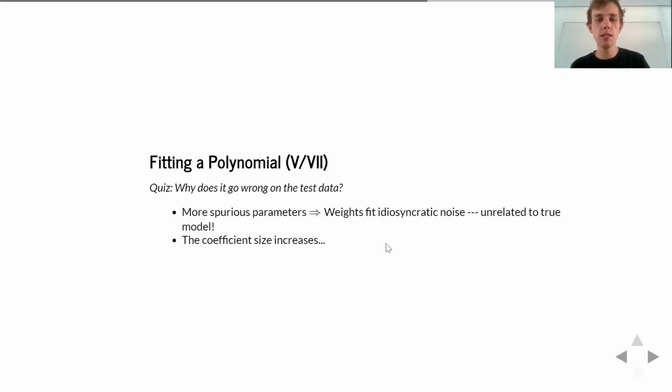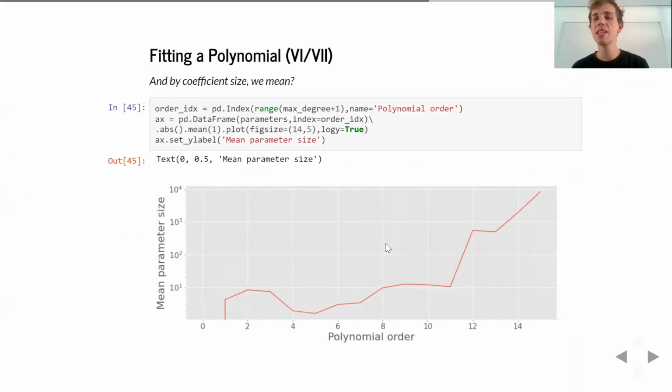What we also see is that the coefficient sizes increase at a higher polynomial order. So that's what we show here. This is the mean parameter size in different models. So this is the phenomenon of exploding coefficients that we will see when we are overfitting our model.